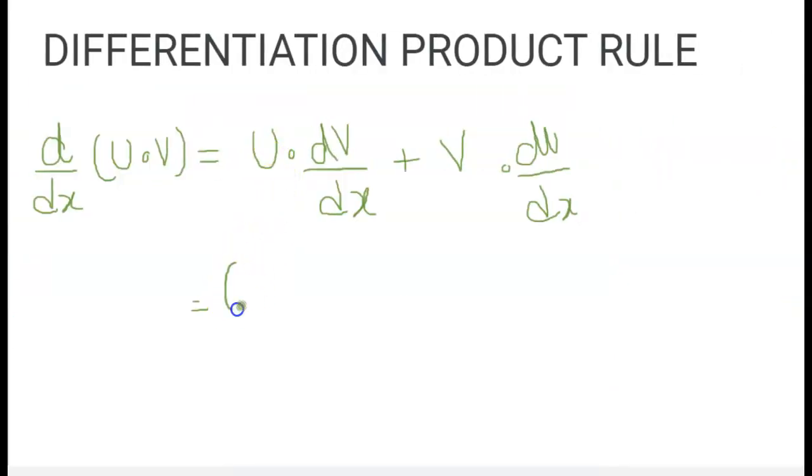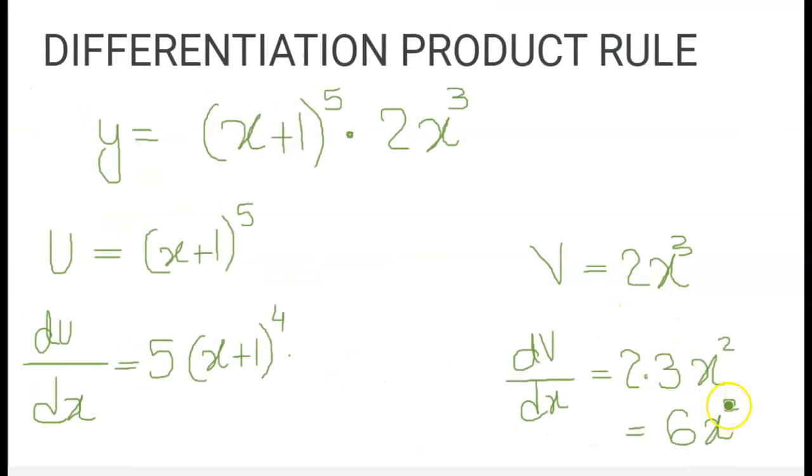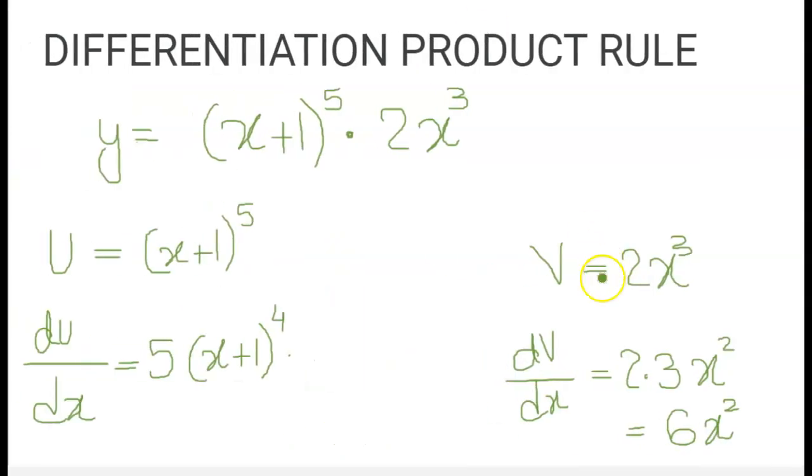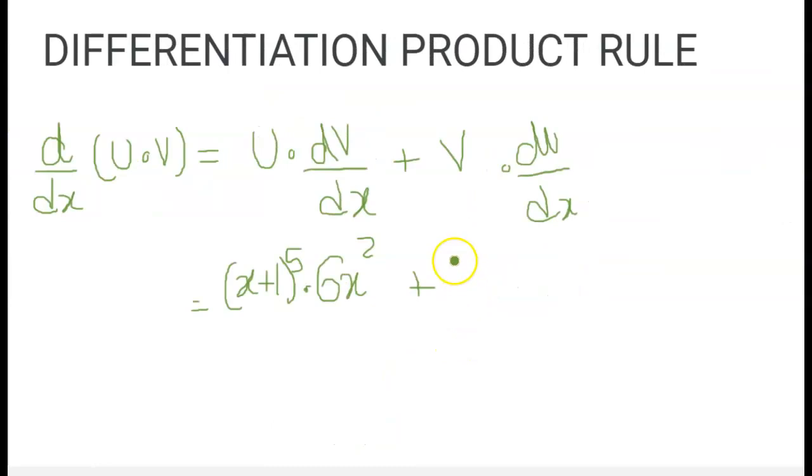So instead of that one, (x plus 1) power 5. The dv over dx from here, I got 6x squared. So I put 6x squared, plus v. V was 2x cubed, so I write 2x cubed. Du over dx was 5(x plus 1) to the power 4.